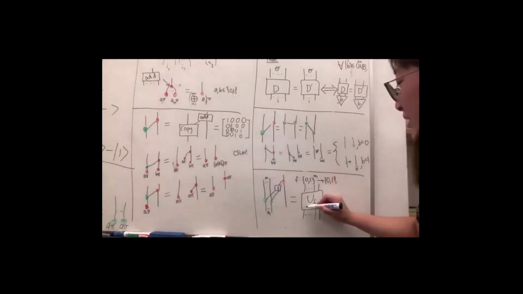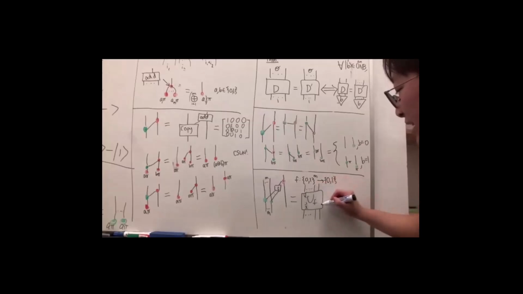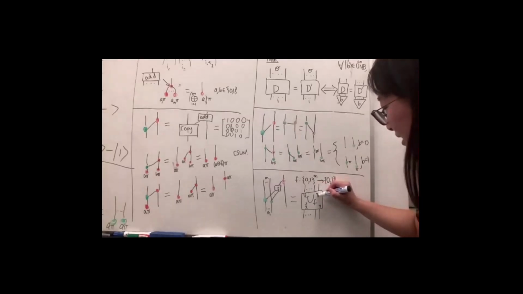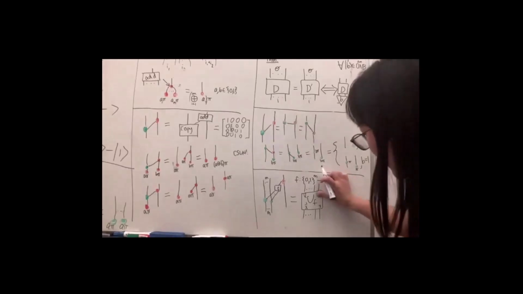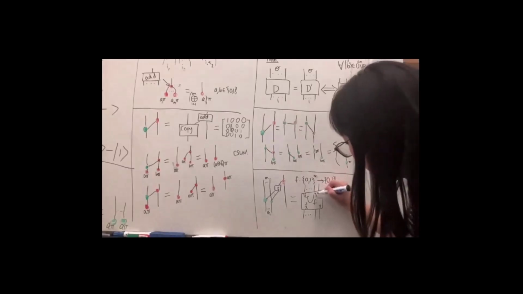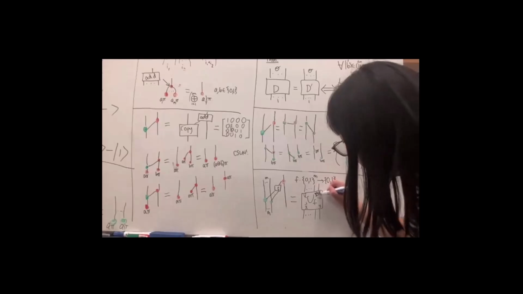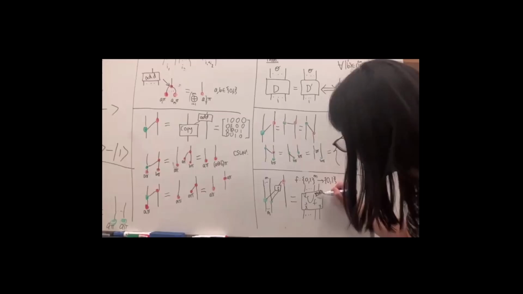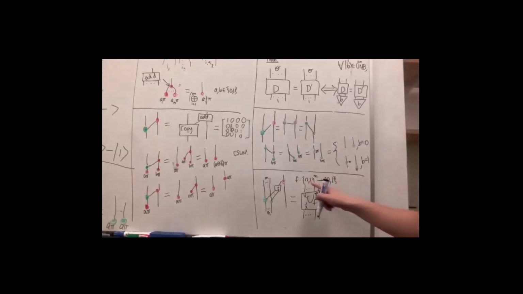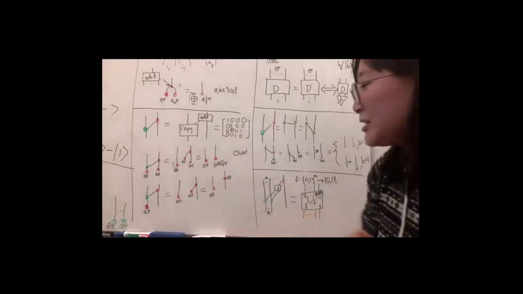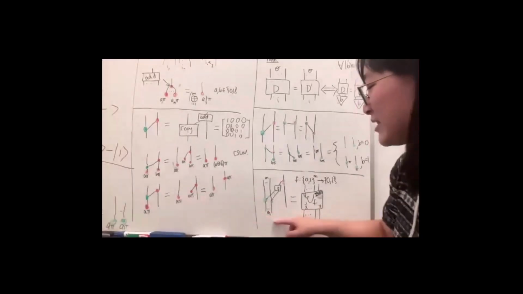Some notation you'll see is that this is some bit string x, and it outputs that same bit string x, and this is some bit y, and it'll give you y XOR f of x, with the vector x there, where x is your input to the function f, some bit string. And these bit strings are just these computational basis states.